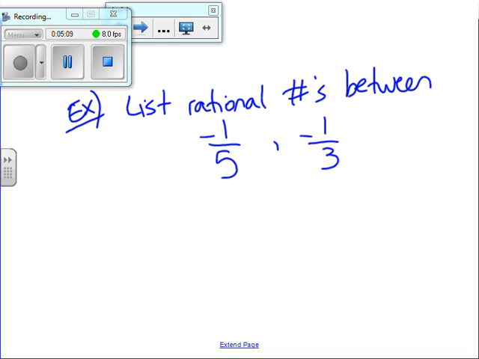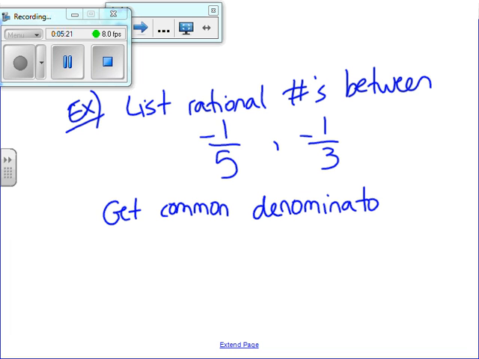So I can't just right off the bat go ahead and just guess. What I need to do is get common denominators. And if you were working with decimals and fractions, you would need to get them both into decimal form or both into fraction form. And you should be taking notes on this with what I'm saying, okay? So you should get a common denominator.